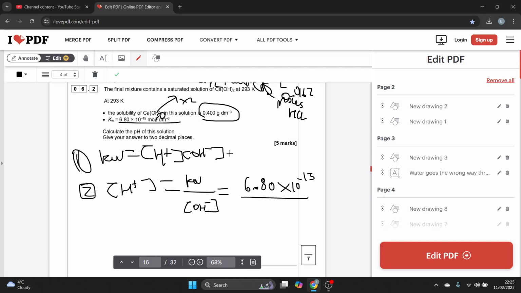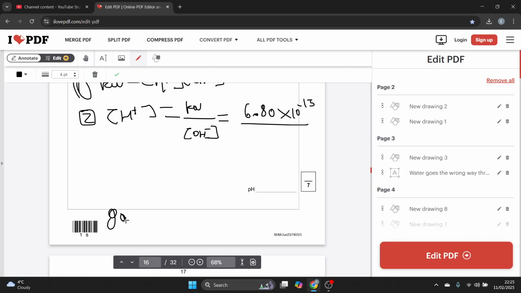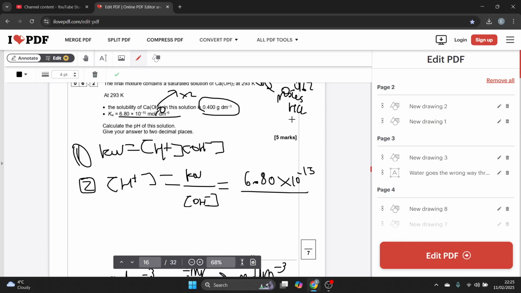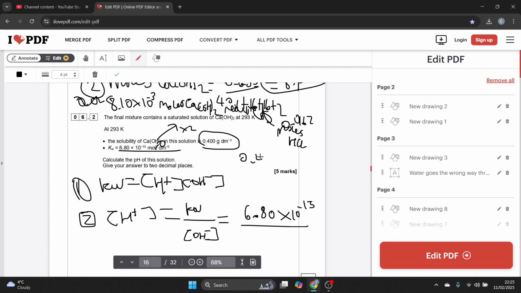Alright, so grams per dm cubed to moles per dm cubed. That's what I need to go. Basically, all I have to do is divide by the Mr. So I'm going to do 0.400 divided by the Mr of calcium hydroxide, which is 40.1 plus 16 plus 16 plus 2, 74.1.